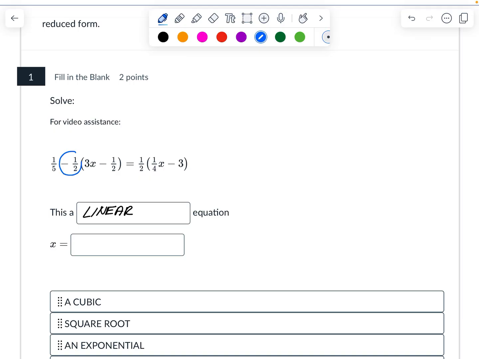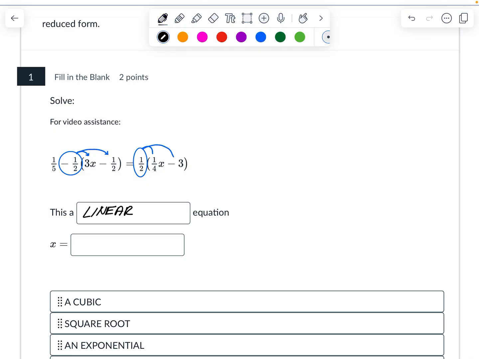first. So we're going to take this negative 1/2 and distribute it across these parentheses. And when we're done with that, we're going to take this 1/2 and distribute it across its parentheses.